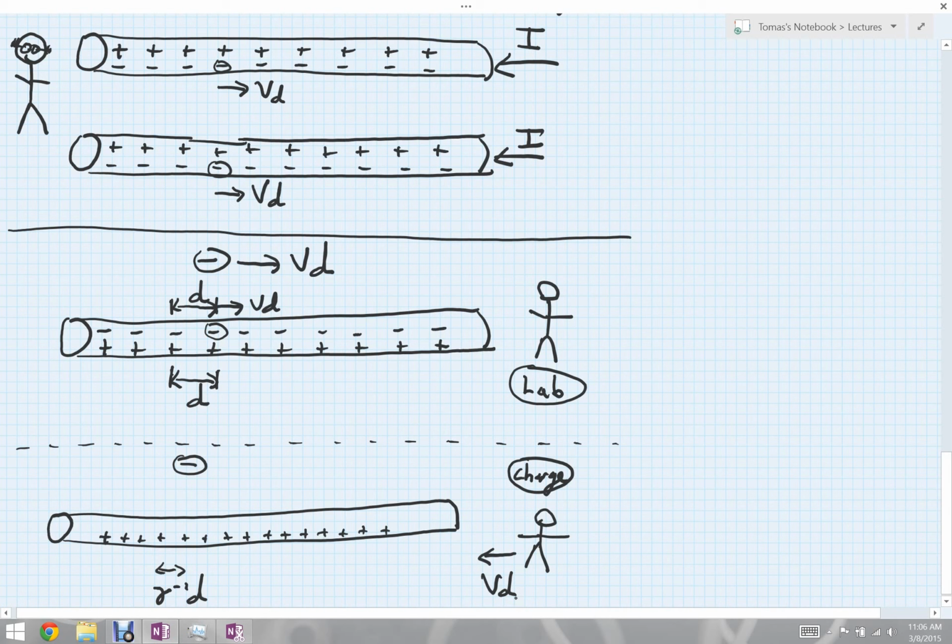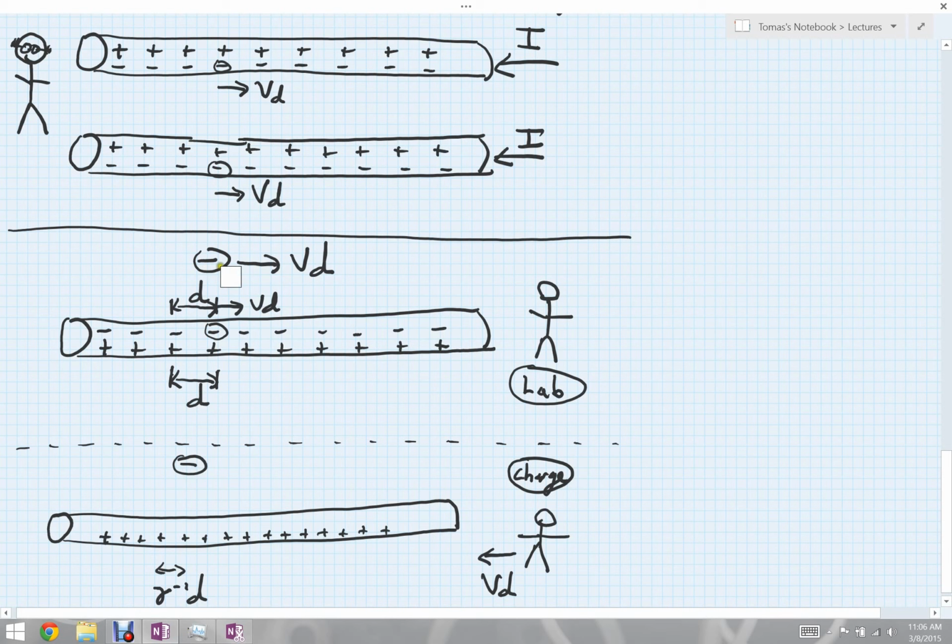Riding on the charge, you see the person coming at you as you move towards the person. So now it's the person that's moving this way. And as far as this minus charge is concerned, notice this person is moving past what are stationary mile markers as far as the minus charge is concerned. Let me back up. That's a little bit tricky to understand.